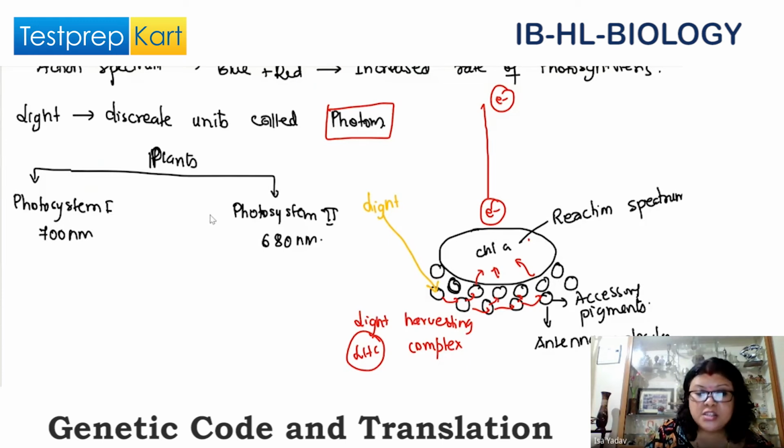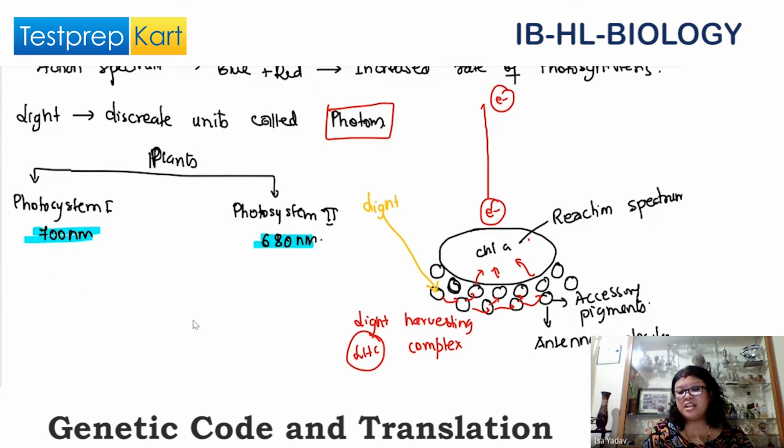These two points are clear. So the photosynthesis in plants is between 680 and 700 nanometer, photosystem 1 and photosystem 2.